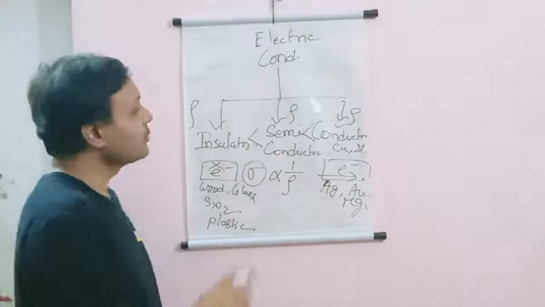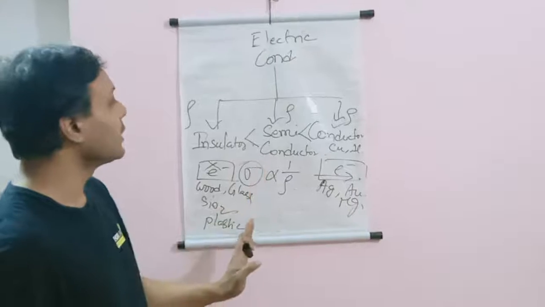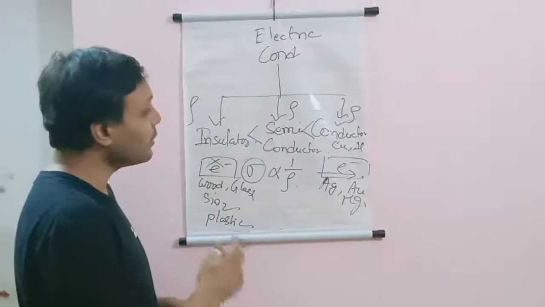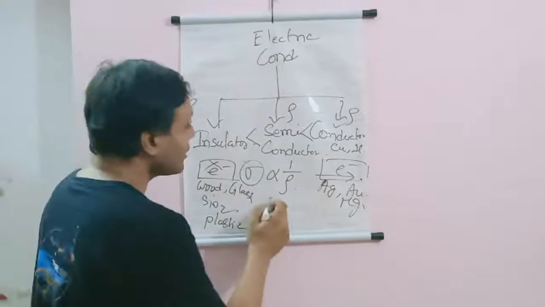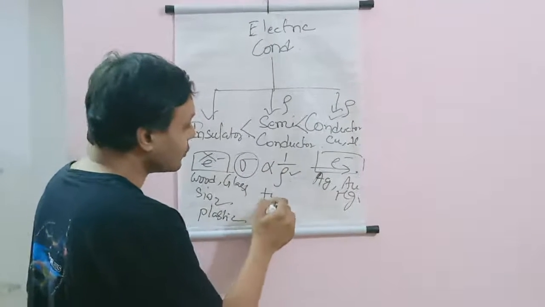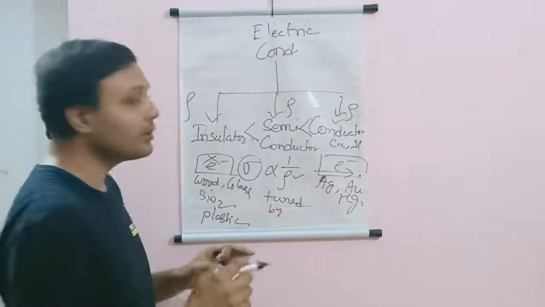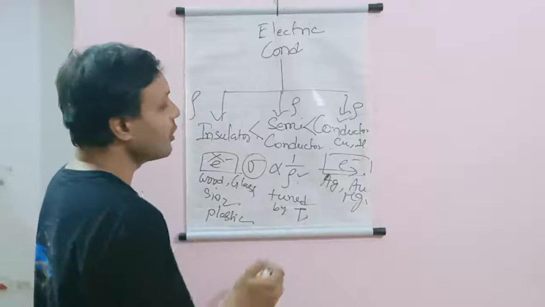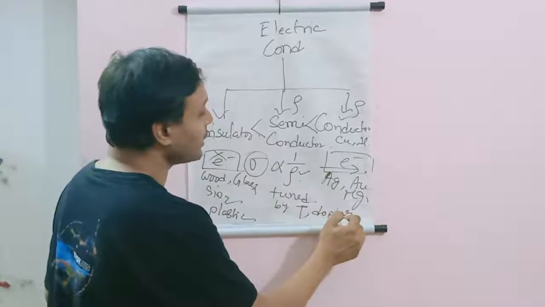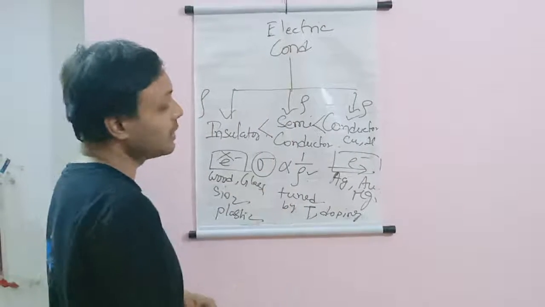So this is a very basic definition of a semiconductor, but if you go a little bit deeper, you will find the semiconductor is special because its conductivity or resistivity can be tuned by changing physical parameters like temperature, or by doping with foreign material into the semiconductor, or by shining light on the semiconductor.